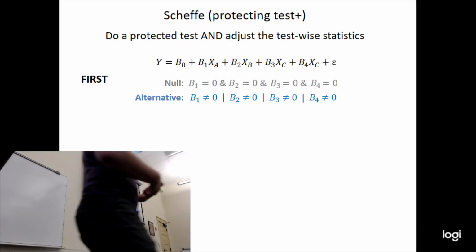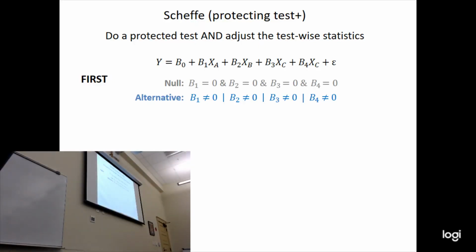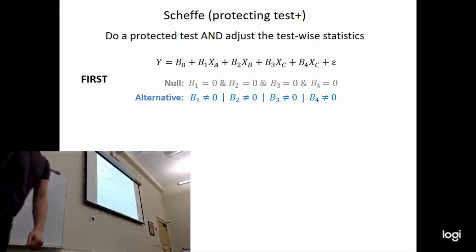I don't use Scheffé very often. I was looking for a nice user-friendly function that does Scheffé. I found one that's user-friendly, but not as flexible as I'd like. I'm going to show that to you here. I kind of wish that I had other options, but anyway, I'll show you what I found.